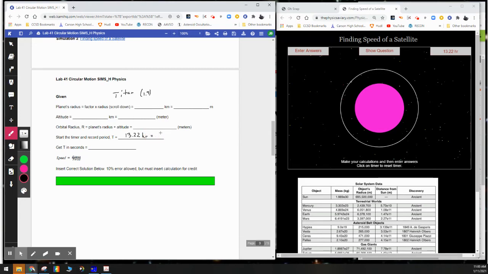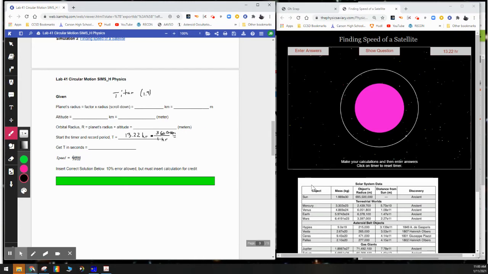There are 3,600 seconds in 1 hour, so you're going to have to multiply this by 3,600 seconds, and this will get us the answer in seconds. We have to do that.